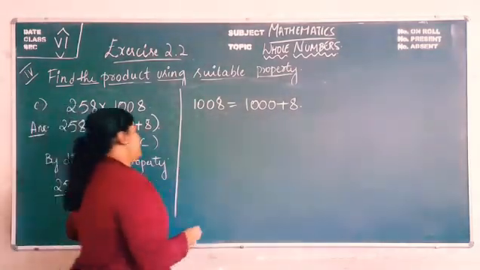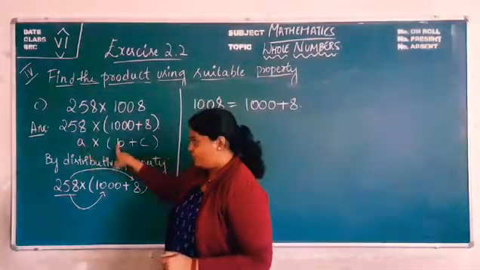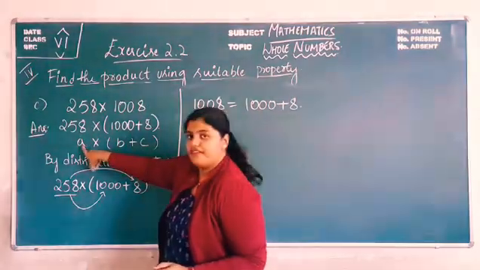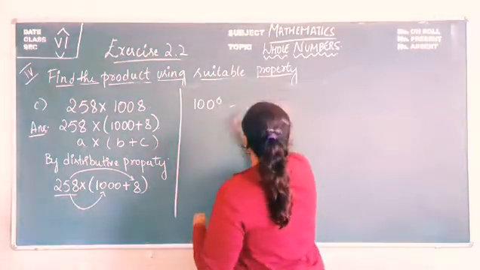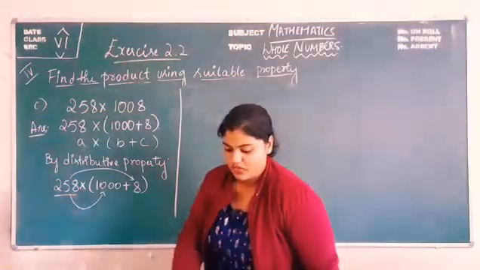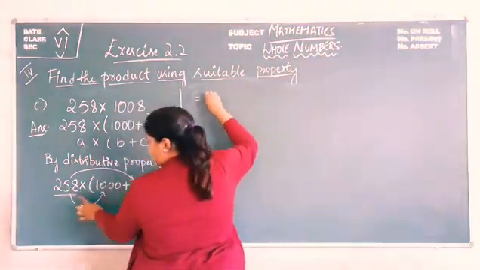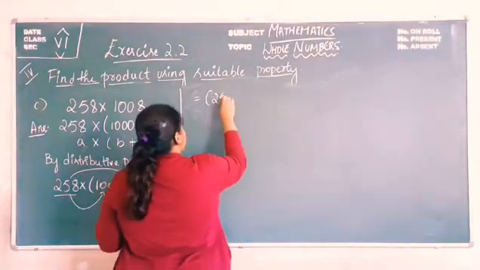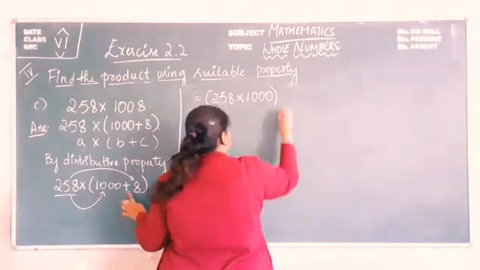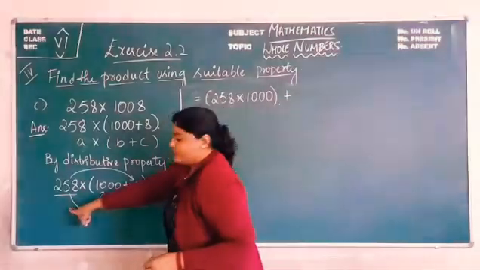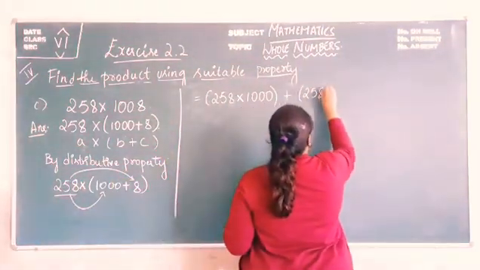By distributive property, we know that if the expression is of the form A into B plus C, first we multiply A into B, then we write plus, then we multiply A into C. So 258 into 1000, plus 258 into 8.